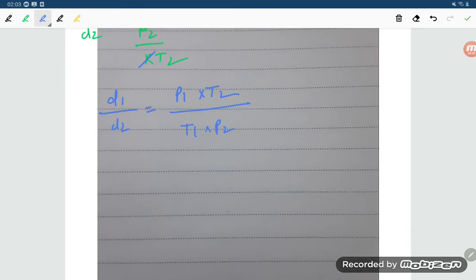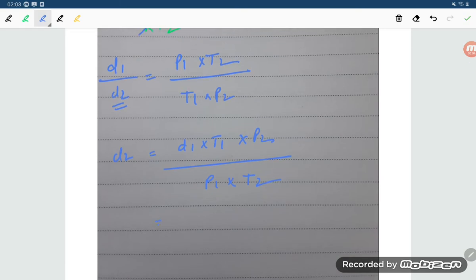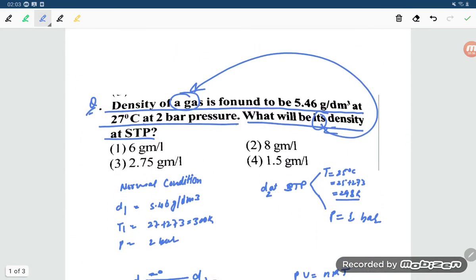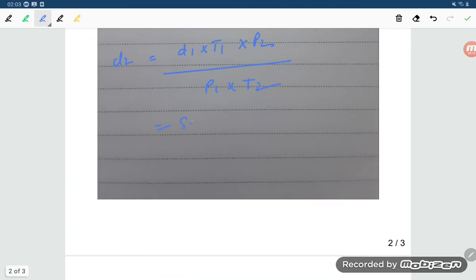They are asking for the density at NTP, so if you are calculating D2, it is D1 into T1 into P2 upon P1 into T2. The density D1 they have given in the question is 5.46.